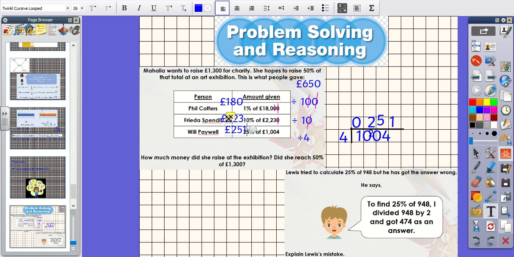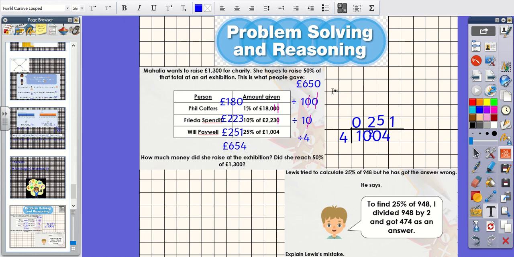Now I need to add all of those numbers up and hopefully see whether we've got 650. So 0 add 3 add 1 is going to be 4. 8 add 2 add 5, so I can see number bond to 10 there, so 10 add 5 is 15, so I'm going to put 5, carry the 1. 2 add 2 is 4, add the 1 is 5, add the other 1, which would be 6. So altogether, Mahalia has raised £654.